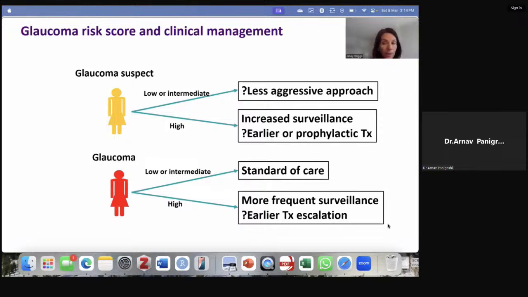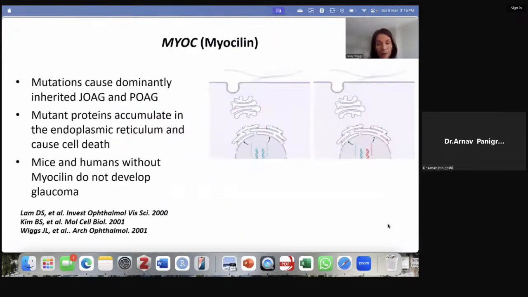We might treat them just as we would normally treat glaucoma patients, but those with high scores, it could be argued, should have more frequent surveillance and earlier treatment escalation, even perhaps earlier surgery.